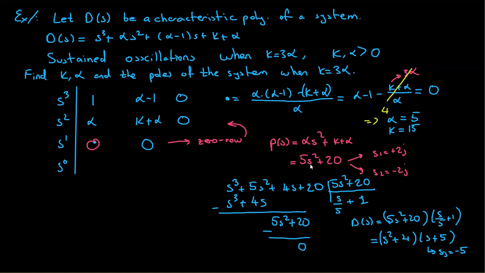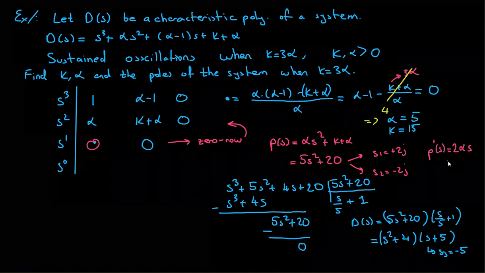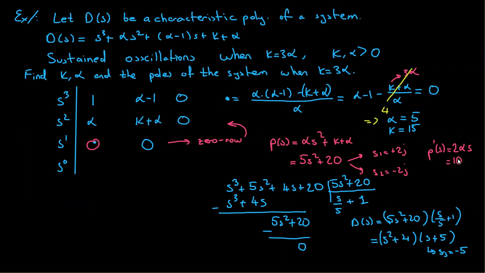If P of S is equal to 5S squared plus 20, then P prime of S is equal to 2 times alpha times S, so it should be simply equal to 10S.